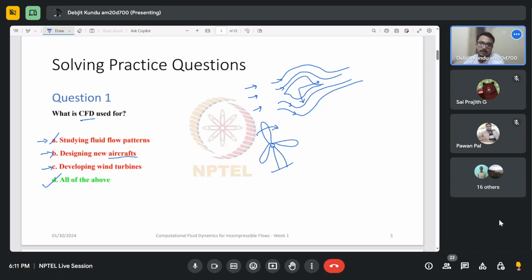There are numerous real engineering problems or even science problems where CFD comes into play and plays a very significant role. So learning CFD is a value addition for us because it ensures that we can pursue a career in multiple such areas, right? So as far as this question is concerned, all of the above would be true.